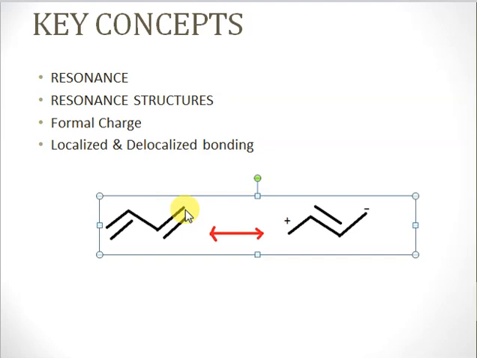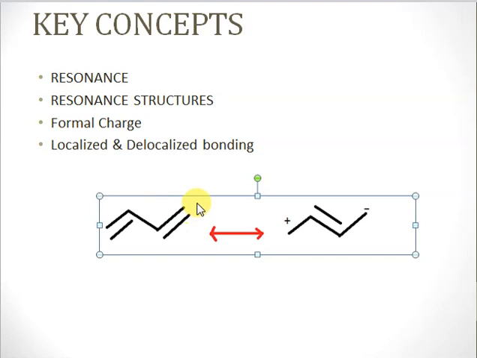When we carry out experimental calculations of the bond length, it appears that the double bond is not only between 1, 2 and 3, 4, but there's also a double bond between 2 and 3 as well. Why?